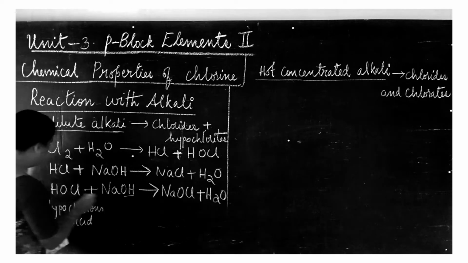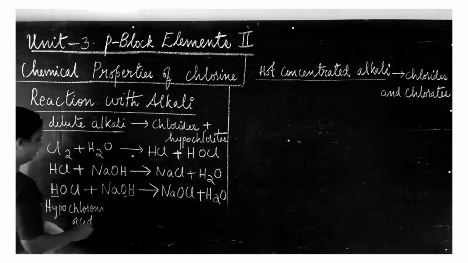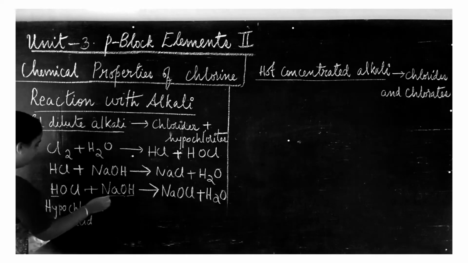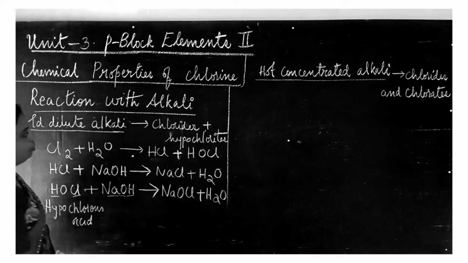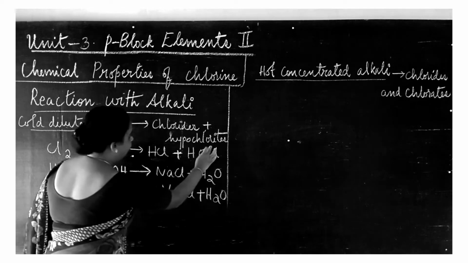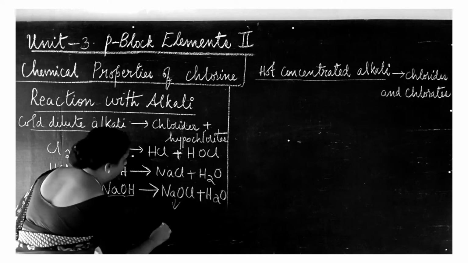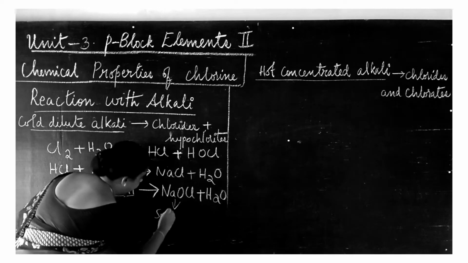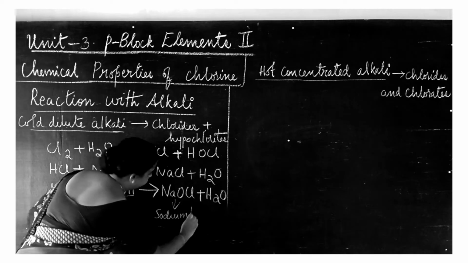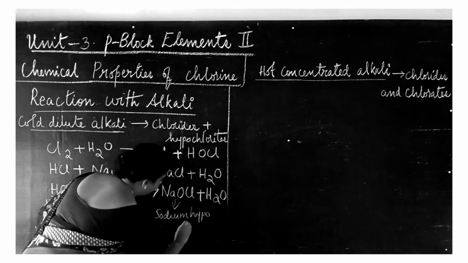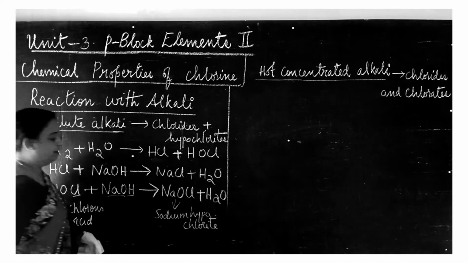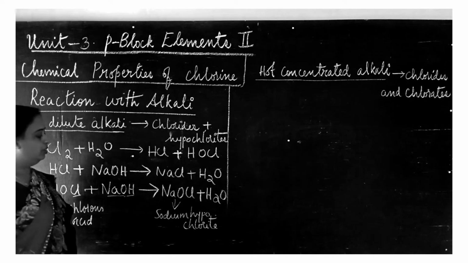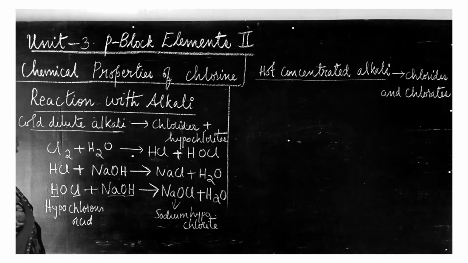This OH and this hydrogen combine to form water, and this Na, O and Cl combine to form NaOCl. This NaOCl is hypochlorite, that is sodium hypochlorite.